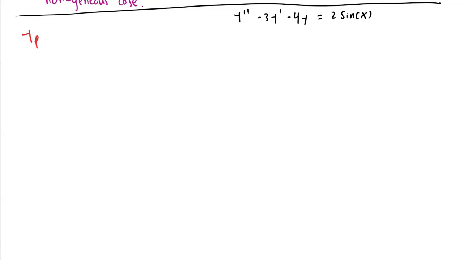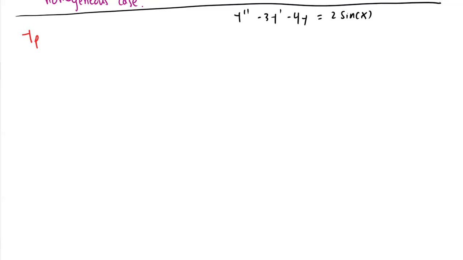So we're looking for a function y sub p that, after taking its second derivative, subtracting 3 times its first derivative, and subtracting 4 times itself, we get 2 times sine of x. Basically, it would be ideal to have a function whose second derivative involves terms of sine, whose first derivative involves terms of sine, and which itself involves terms of sine of x.